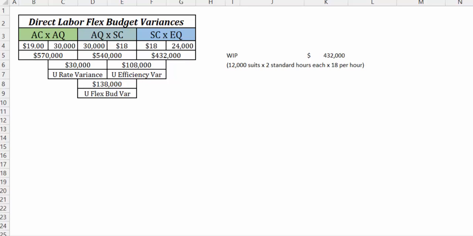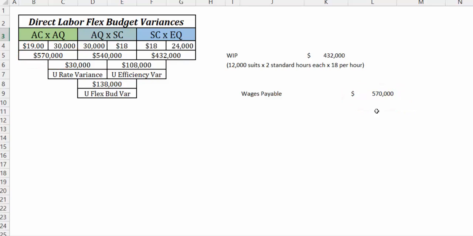The next thing that we're going to do is record the actual outlay, the wages payable or the cash that we paid these workers. In this case, it's a wages payable amount, $570,000. They really worked 30,000 hours and our average wage rate was $19 an hour. So we really owe them $570,000.